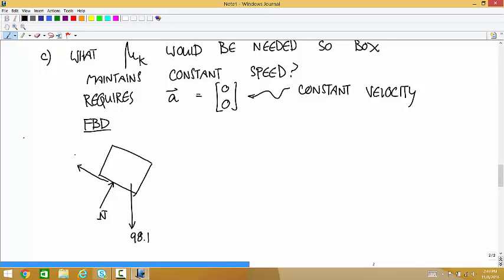And what is the magnitude of that friction force? What are we going to call it? Well, it's always equal to the coefficient times the normal force. We don't know what that coefficient is, though, this time. We have to solve for that. So I'm just going to write this as mu sub k times the normal force.